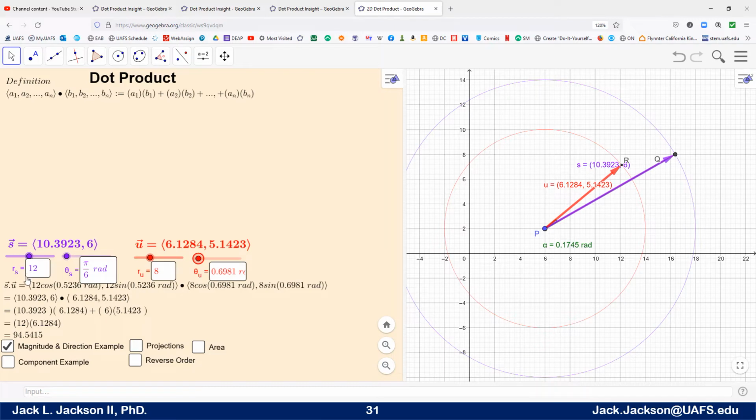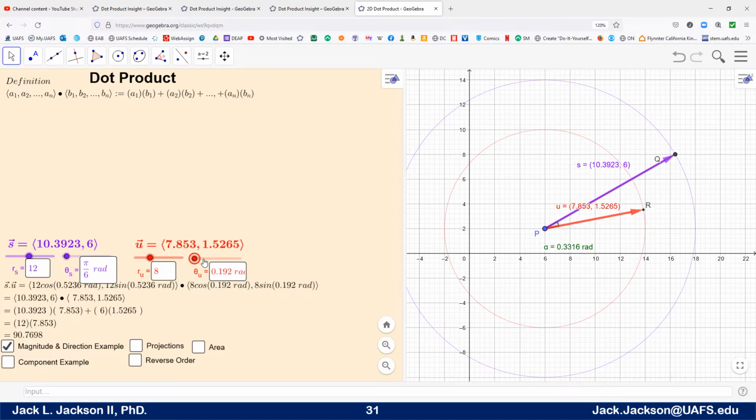We had 12 times 8 was 96. That was when they were going in the same direction. What if it's close to the same direction but not quite the same? Okay, there's our 96. Oh, look at it. It's 95 point something now. It's gone down. We haven't changed the lengths of them, just the angle between. And if you look at the angle between, it's gone down a little bit.